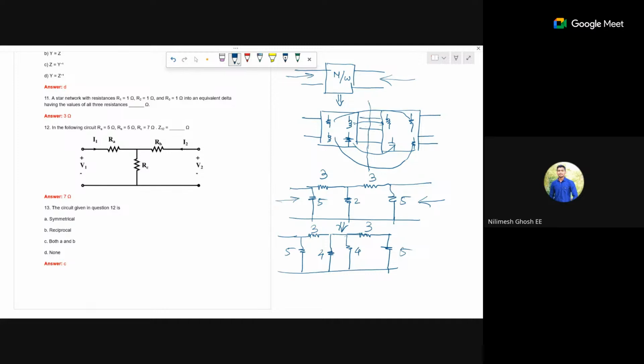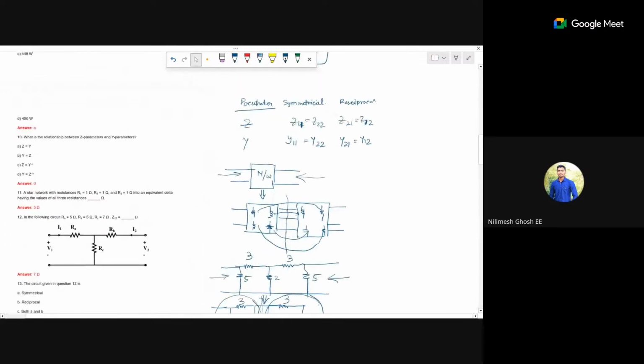So this network is exactly the mirror image of that network about the symmetrical axis. That's why this network is symmetrical as well as reciprocal. I think this point is clear.